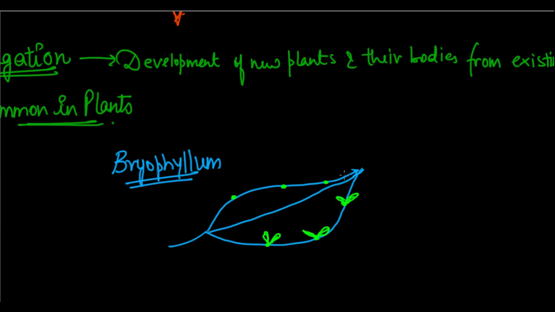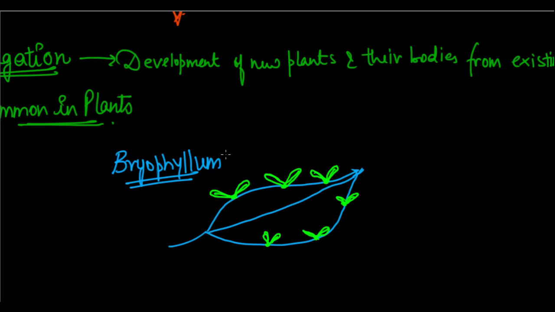So usually the leaves of the bryophyllum appear to grow, and different leaves and plant parts appear to grow from them, right?